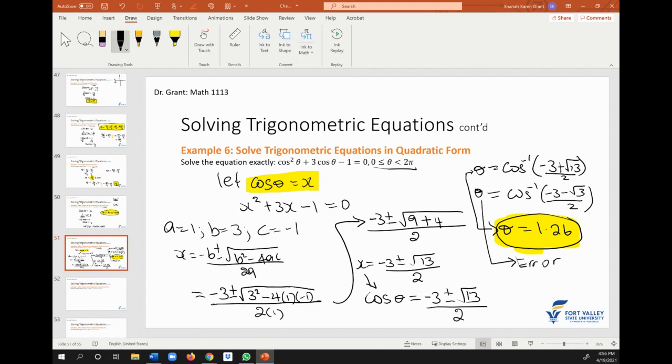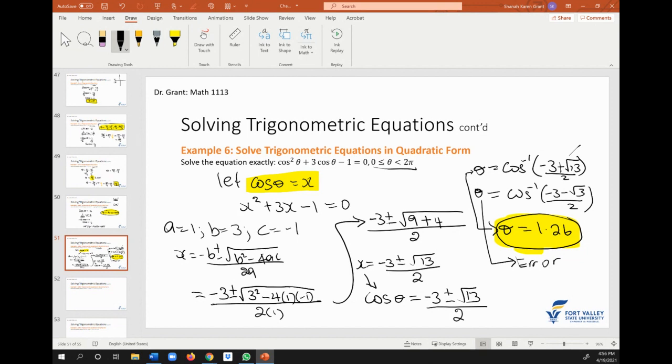All right, so the terminal side of this angle lies in quadrant 1, okay? And cosine is also positive in quadrant 4, because if you think about it, root 13 is going to be between root 9, which is 3, and root 16, which is 4.